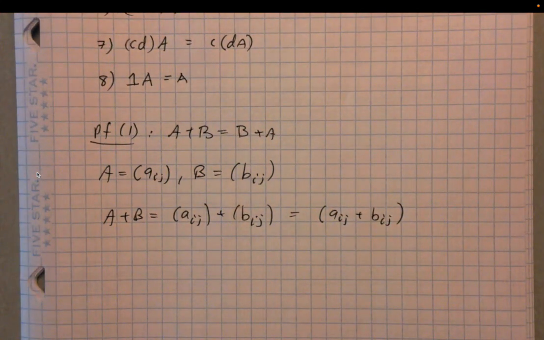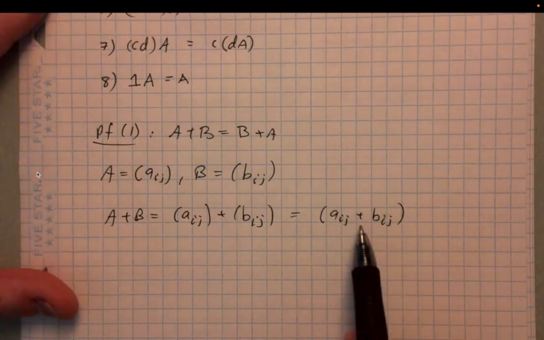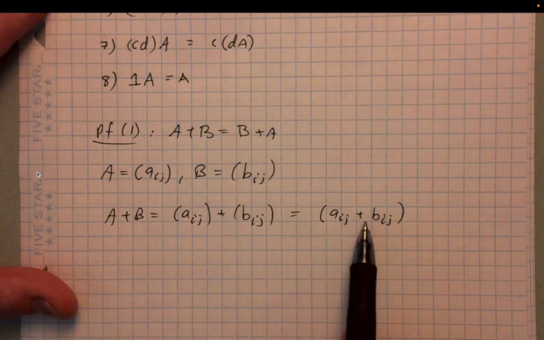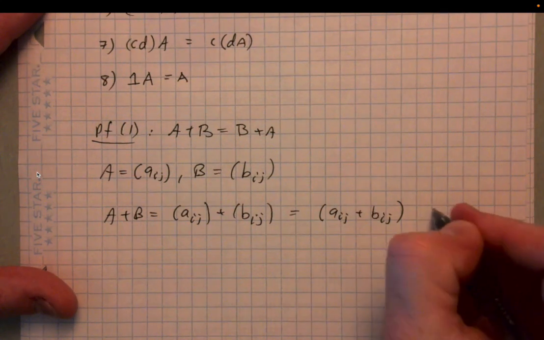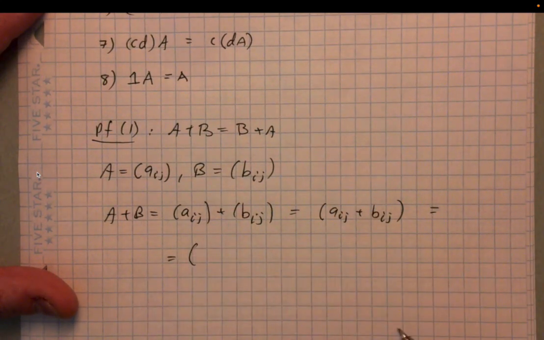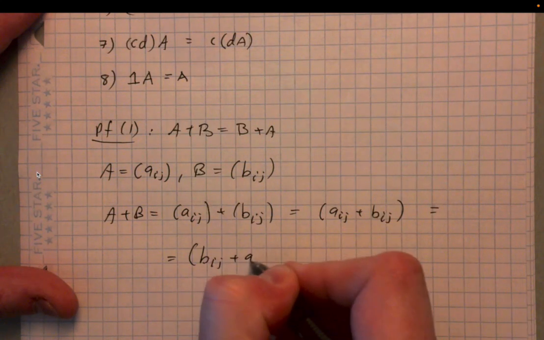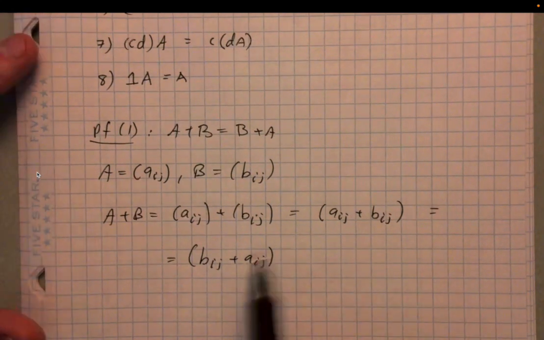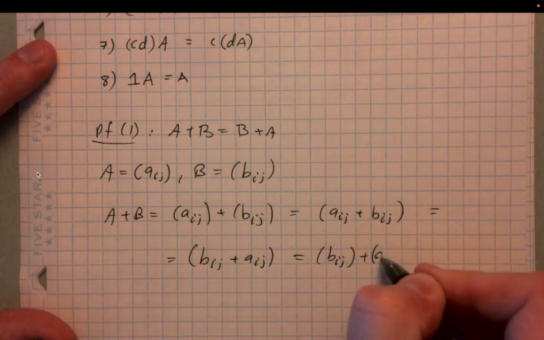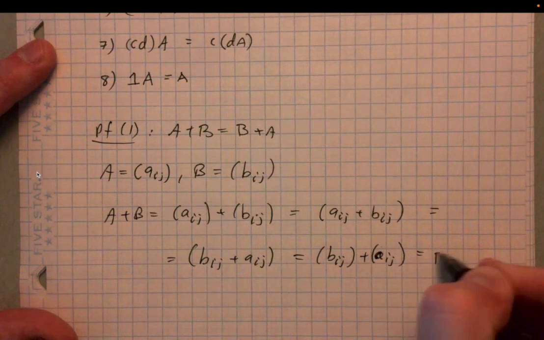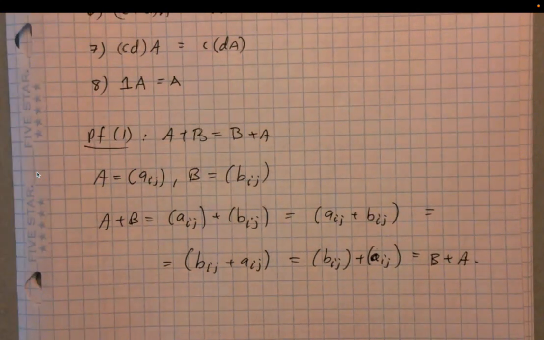That's just the definition of matrix addition. And once you're inside the matrix, the order of the addition definitely doesn't matter. This is just a real number plus another real number, so it is perfectly legitimate for me to flip the order and write it like this, [bij plus aij]. And then I can just reverse the process, and I have [bij] plus [aij], which is B plus A. So that's just a simple way to show that matrix addition commutes.